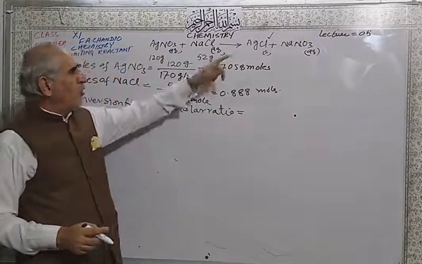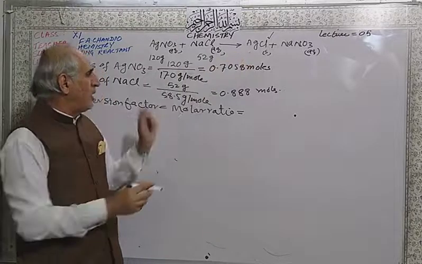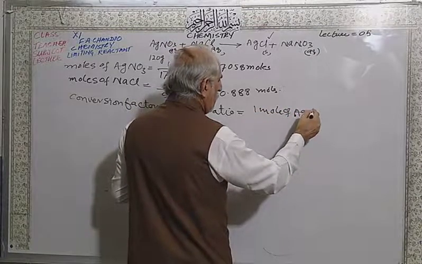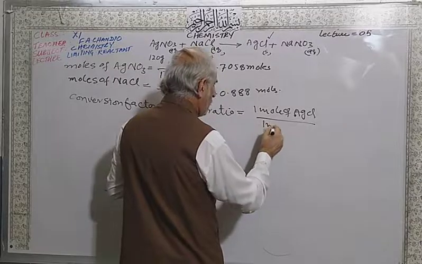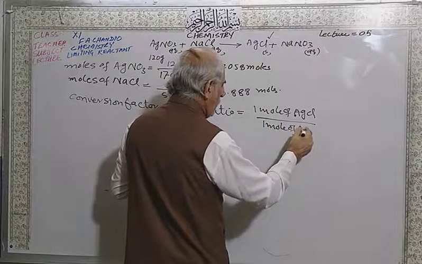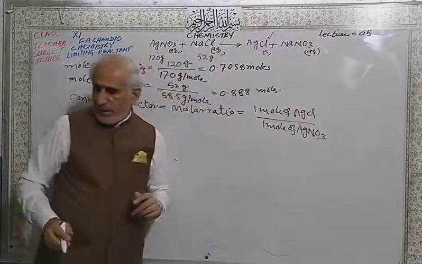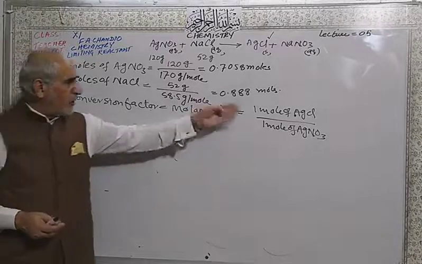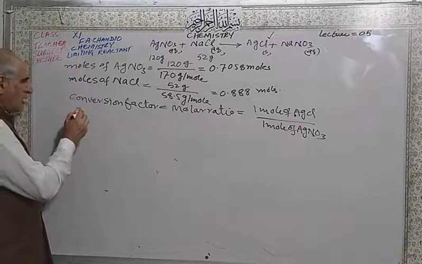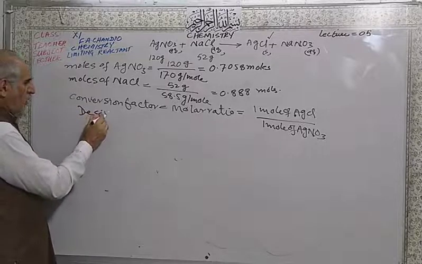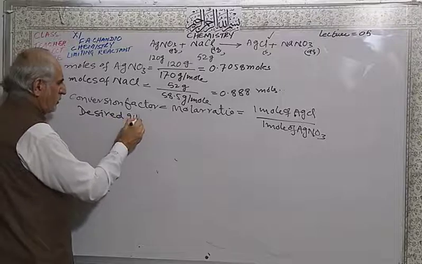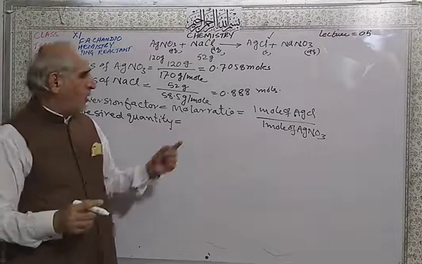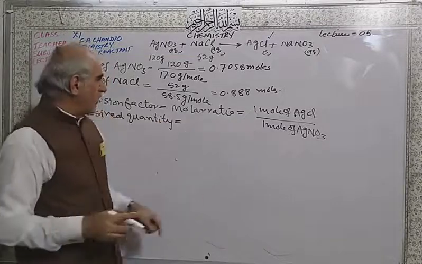We want to calculate the moles of silver chloride, so 1 mole of silver chloride divided by 1 mole of silver nitrate. So 1 over 1 you will get 1. So the answer, the desired quantity, is equal to the given quantity multiplied by the conversion factor.